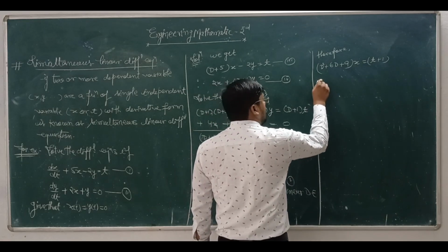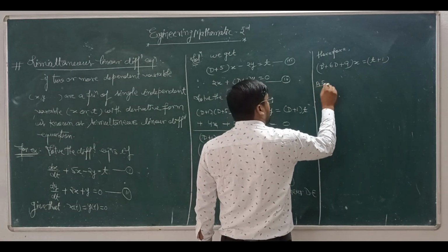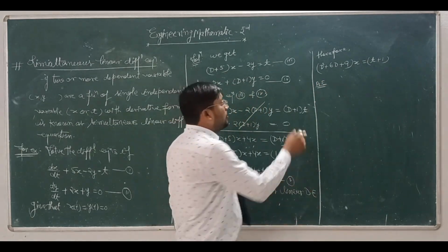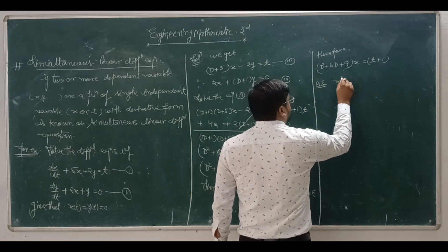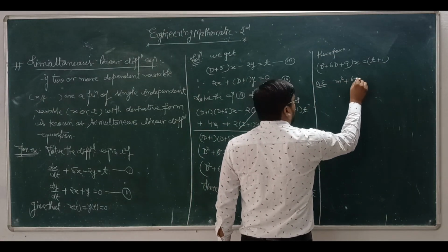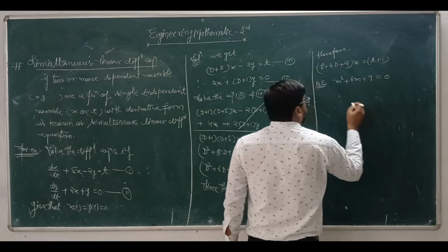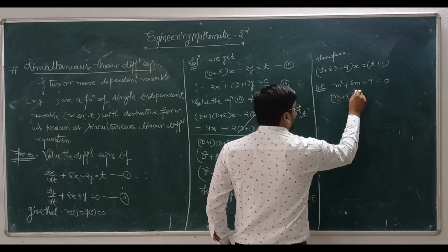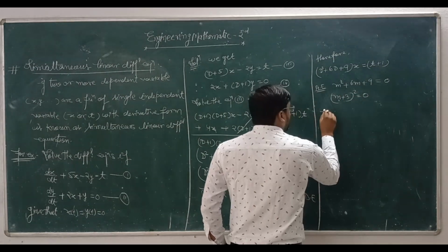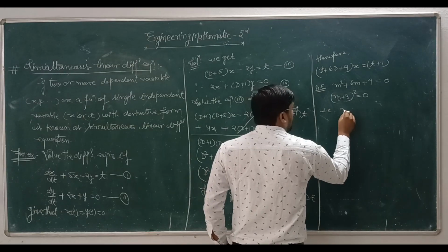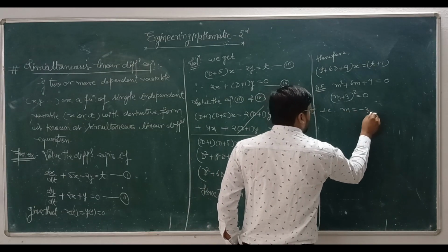First of all, you can find the AE. Now you can write m square plus 6m plus 9 is equal to 0. Now you can write (m plus 3) to the power 2 is equal to 0. It means m is equal to minus 3, minus 3.